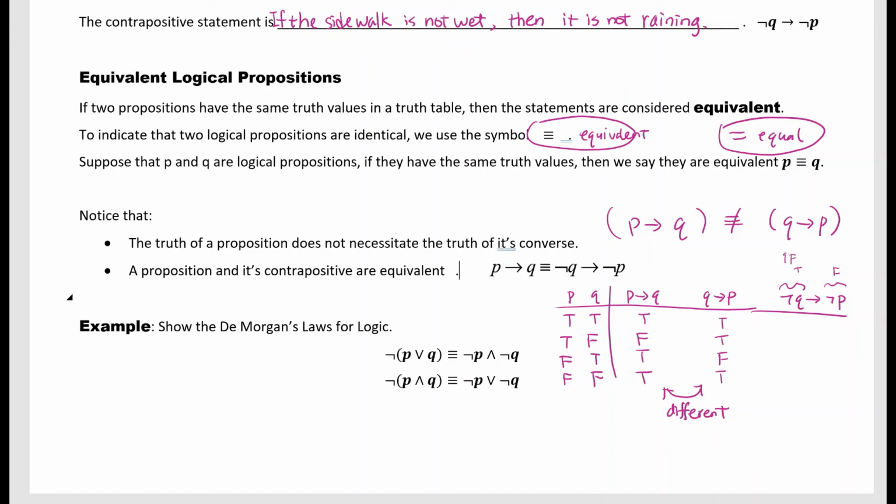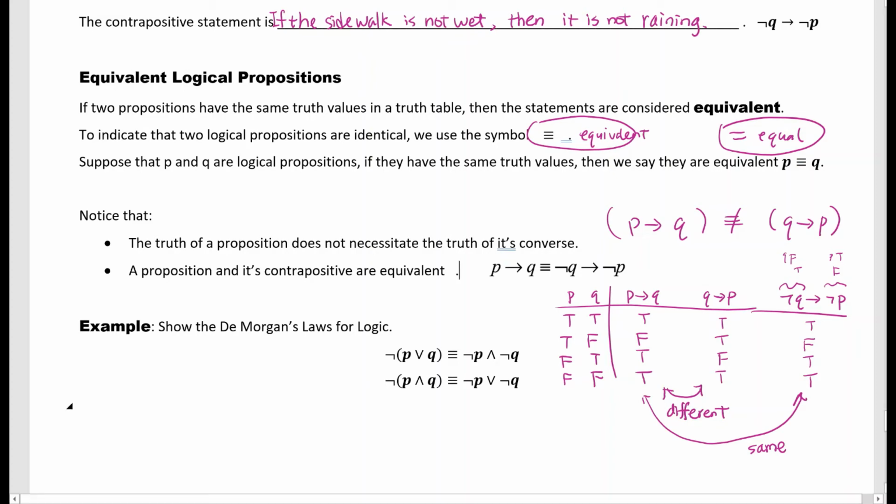Not P is false means P is true. So if P is true and Q is false, then we have false. And all the rest are true. Now you see these two are the same. That's why we know a proposition and its contrapositive are equivalent.